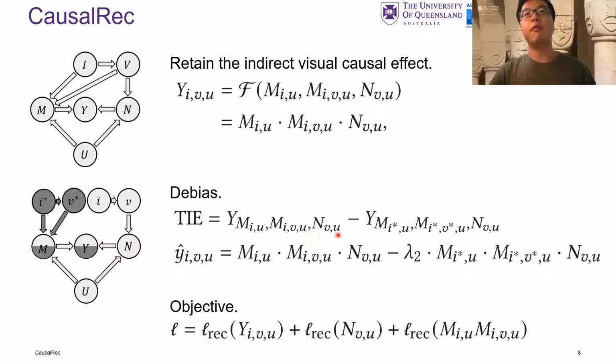And its formula is like this. And we can notice that we use a lambda2 to control how much visual bias we want to subtract from the original prediction, and it can control the scale of the visual bias. And the training objective is to train using the recommendation loss on the final result and each of the sub-modules here.